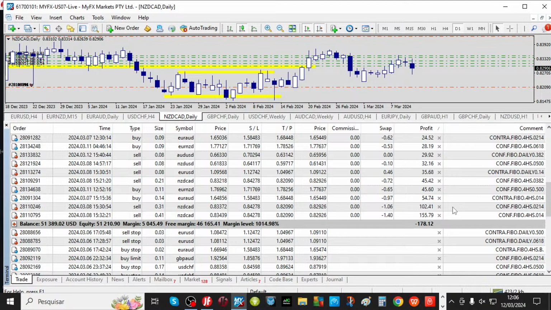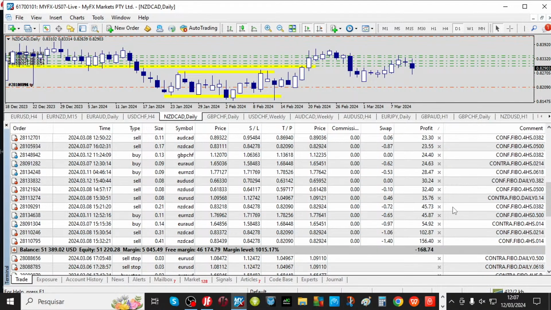All of this profit is made from the Fibonacci's. Wow, right? So if you learn the Fibonacci's well, you could have a similar result.